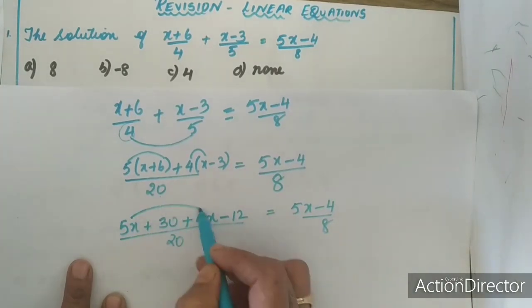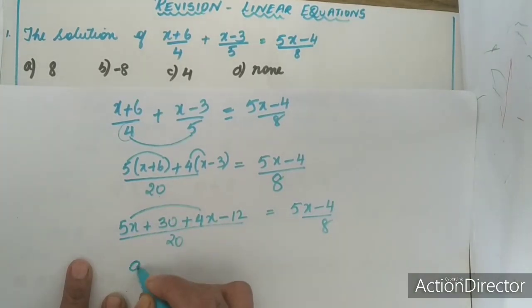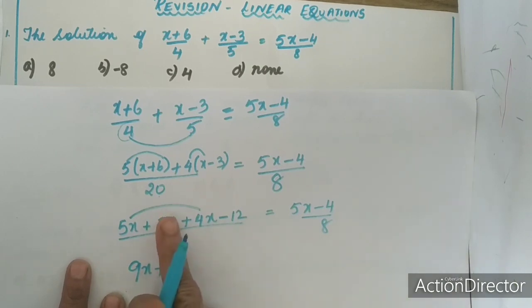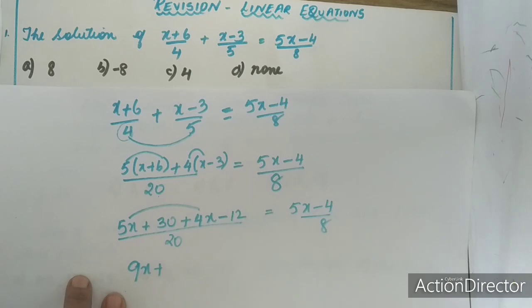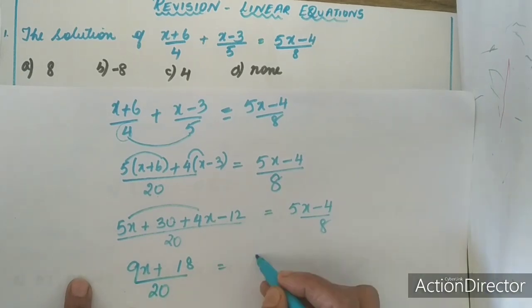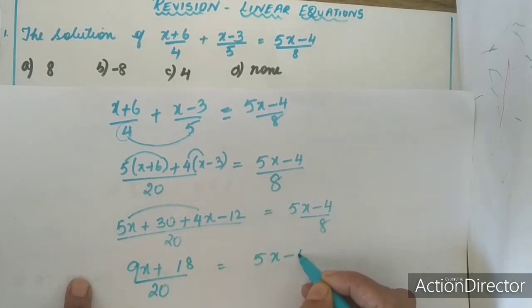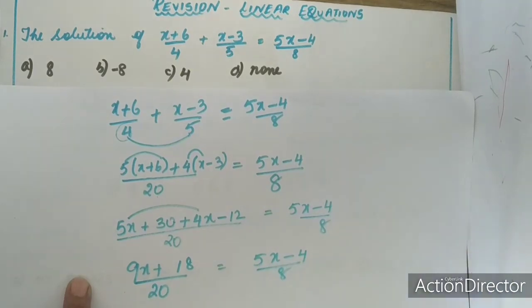Now what is 5x plus 4x? It is 9x. Plus 30 minus 12 is equal to 18. So 18 upon 20 is equal to (5x minus 4)/8.